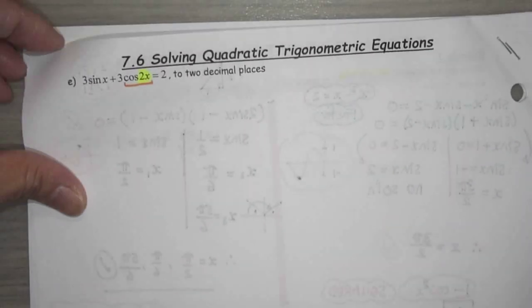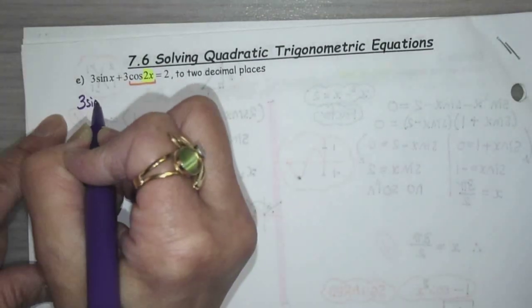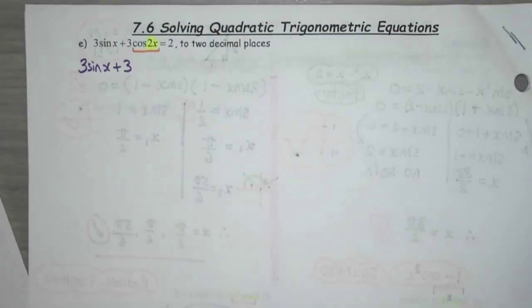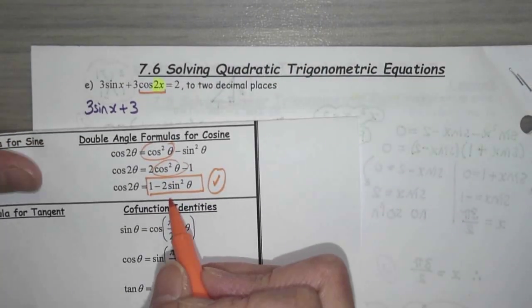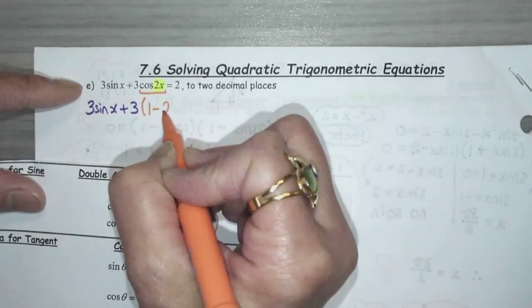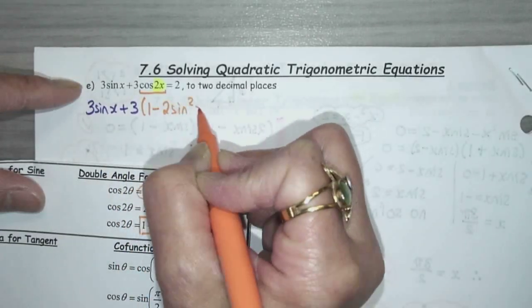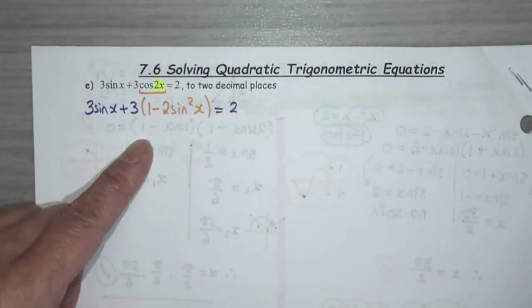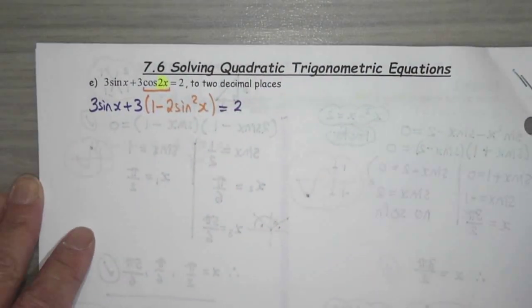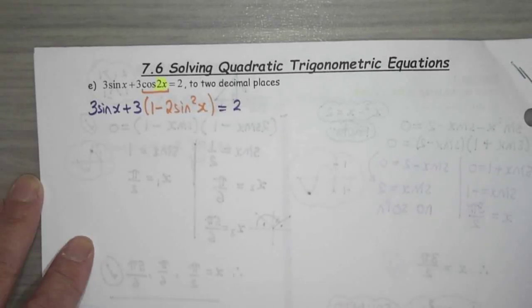So we're going to go 3 sine x plus 3, and then we're subbing in. Again, the other ones will work, but this is faster. So we're going to go 1 minus 2 sine squared x equals 2. Beautiful.